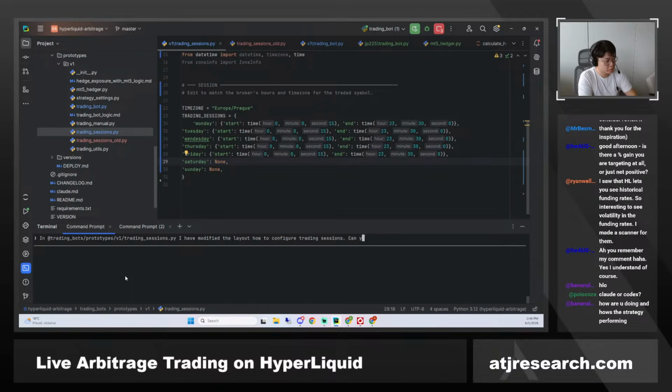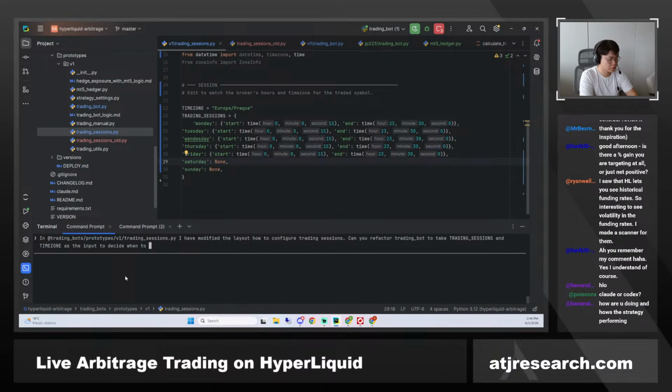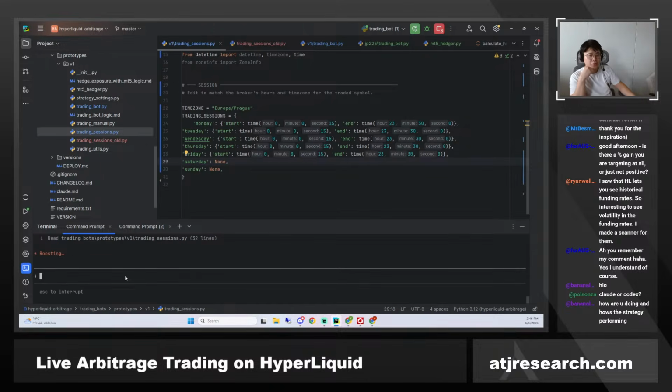Can you refactor trading bot to take trading sessions and time zone as the input to decide when to start and stop the trading bot? And let's see what Claude will suggest here.